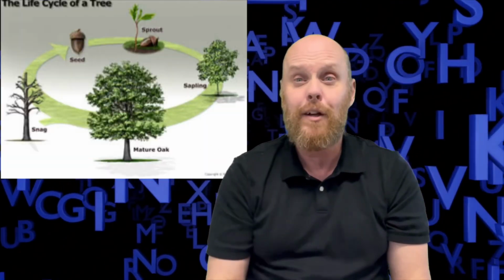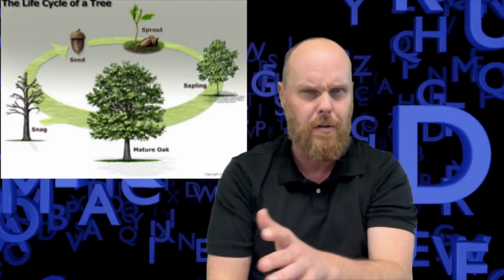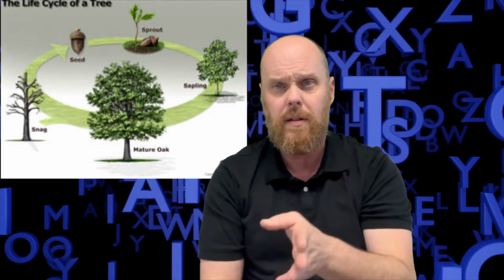All right? So, the unit that you're talking about right now and reading about is cycles in nature. Now, the first story that you're going to be focused on is the life cycle of trees. And there are 5 words, incredible words, that we're going to go over with this list.